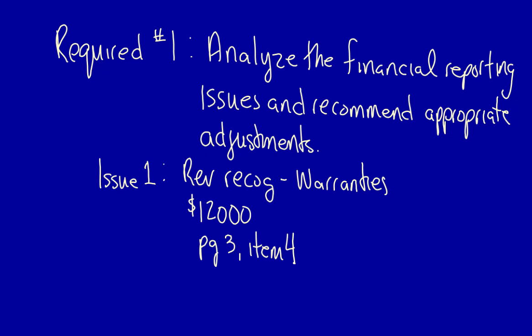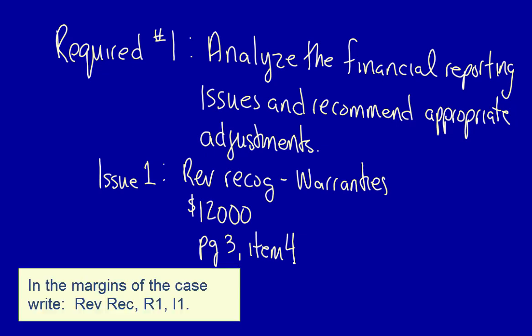Instead, what you want is a guide, a heading, an amount, and a location so that you know there is an issue, the magnitude of that issue, because it will help you rank them, and the location of that issue in the case so you can get back to it quickly. You can also make a margin note on the case itself. It might be in that exhibit I put down R number 1, I number 1, and a circle around the dollar value, 12,000.